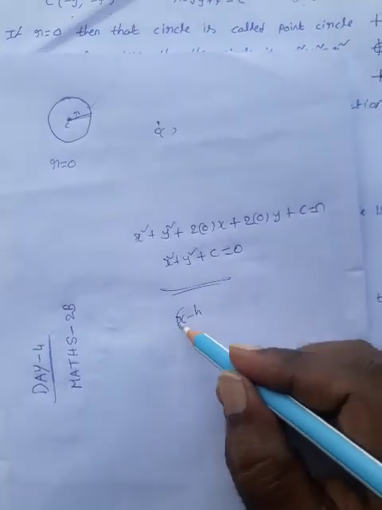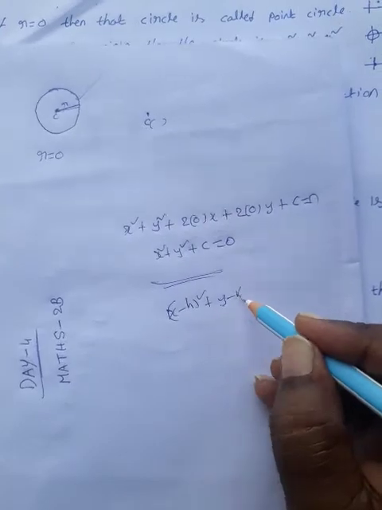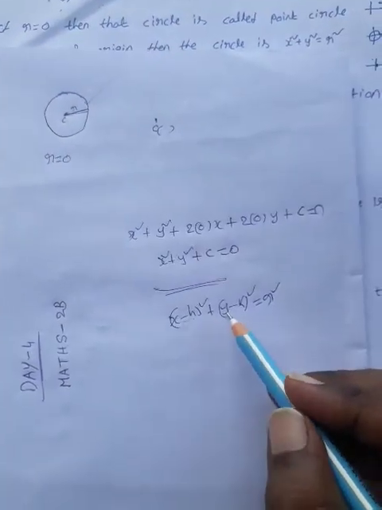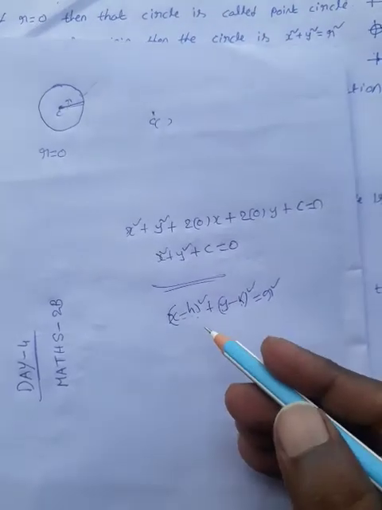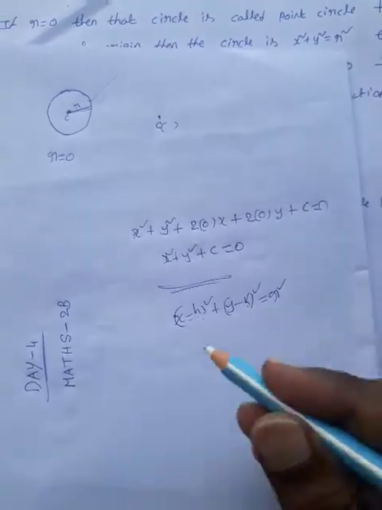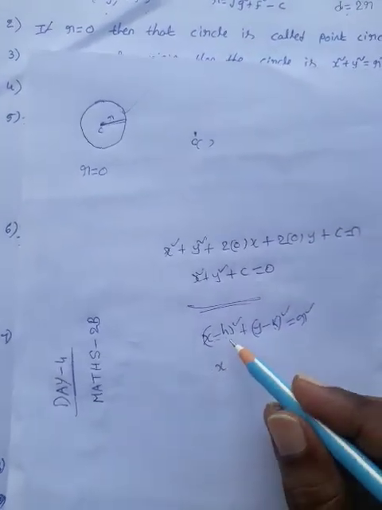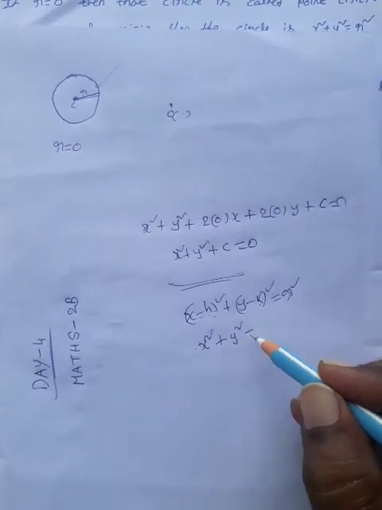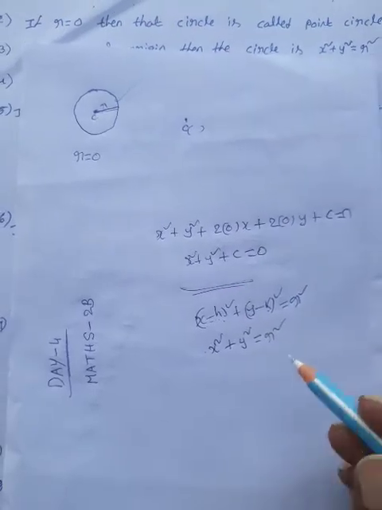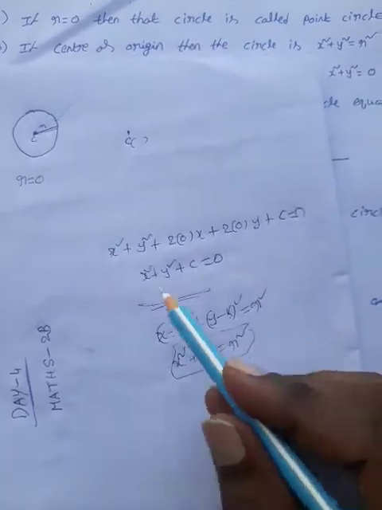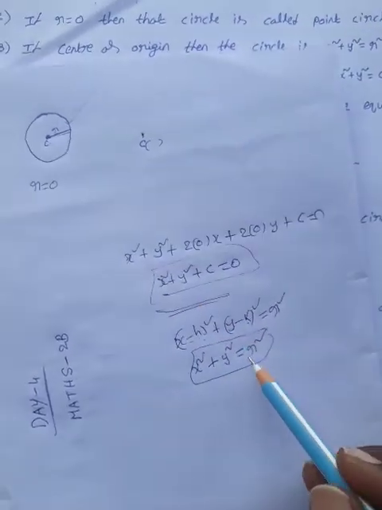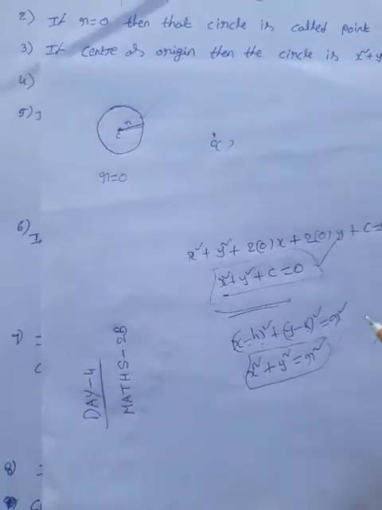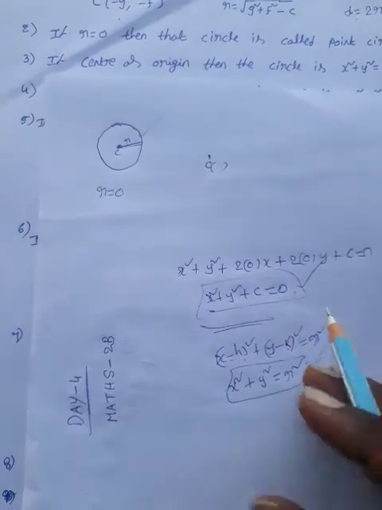Also, take the equation of the circle x minus h whole square plus y minus k whole square equal to r square. Here the center is h comma k. Then we substitute h equal to 0 and k equal to 0. We get x square plus y square equal to r square. Comparing, minus r square equal to c, so these two equations are the same.